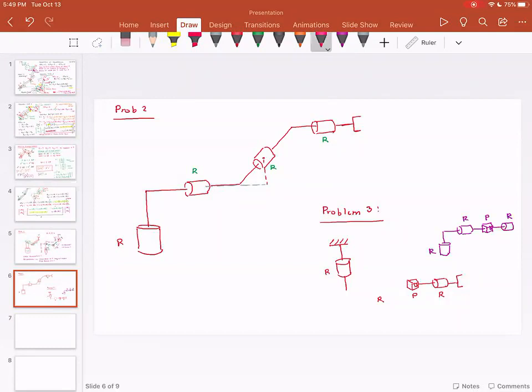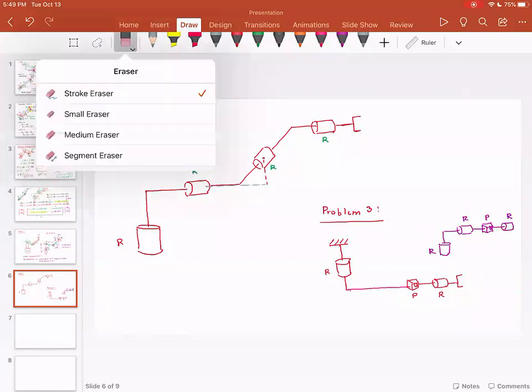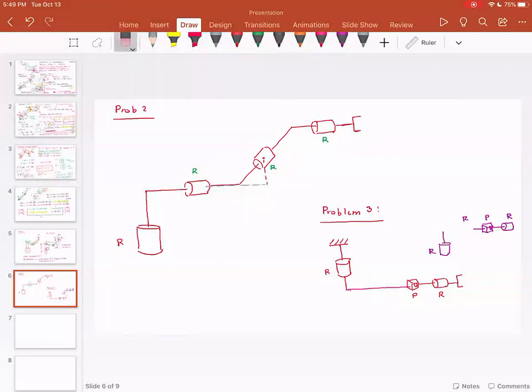I made a mistake. This is how it is. RPR. Thanks for catching that. This is how the robot is. RPR. Okay.